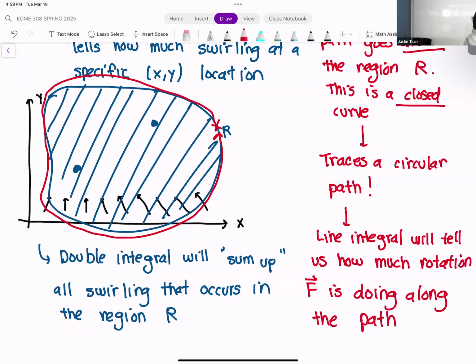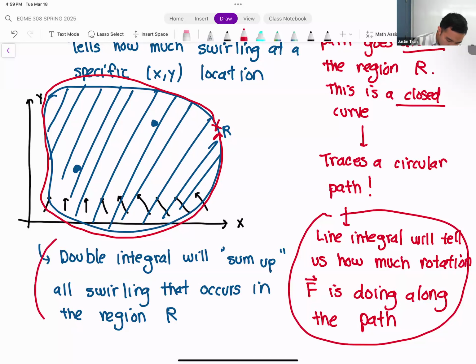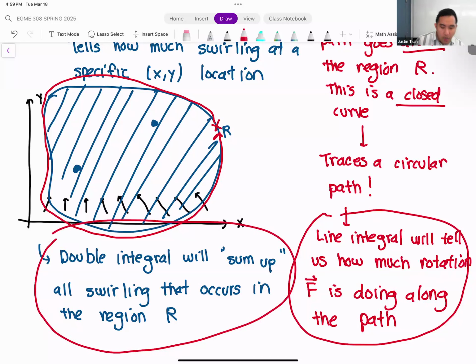Because again, the path is circular. So if you compare that physical conclusion for the line integral to the conclusion that we got from the double integral, these two things that I've circled are telling us the same thing, except in somewhat different forms.